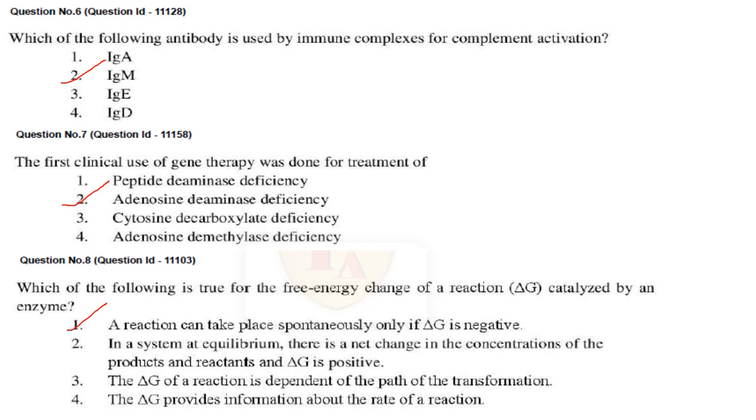So statement 2 is not correct. The delta G of a reaction is dependent on the path of the transformation. It is independent of the path of the transformation. Then fourth one, the delta G provides information about the rate of a reaction. No, it tells about the feasibility of the reaction, not about the rate of the reaction. So option 1 is the answer.